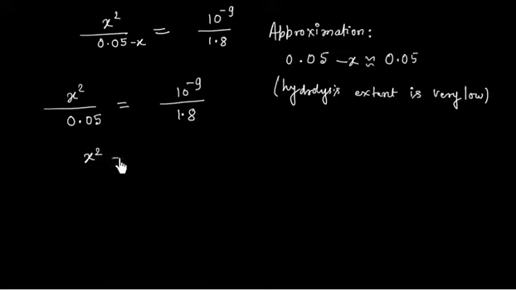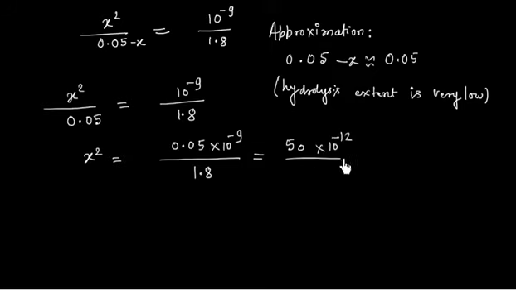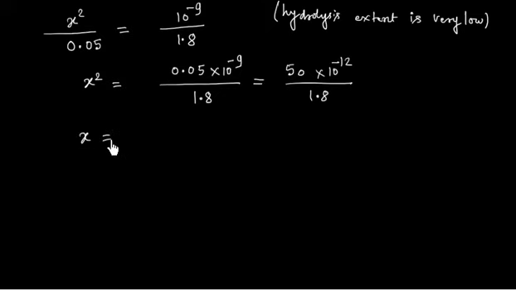Or we can have X square equals 0.05 into 10 to the power minus 9 divided by 1.8. Or I can write 50 into 10 to the power minus 12 divided by 1.8. So X equals root over 50 by 1.8, into 10 to the power minus 6.